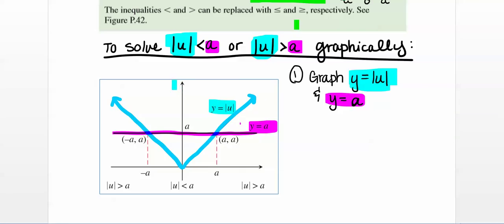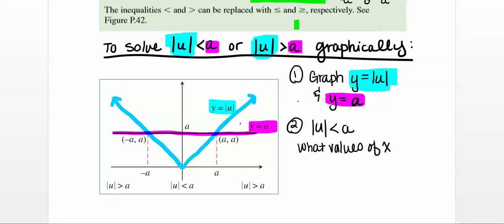Okay, now if we were solving an equation, we would just be looking at the intersection points like we talked about last week. But we're not solving an equation, we're solving an inequality. Okay? So in the case of solving the less than, what you're looking at is what values of x, right?